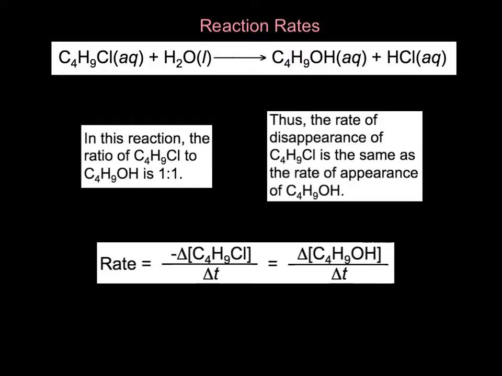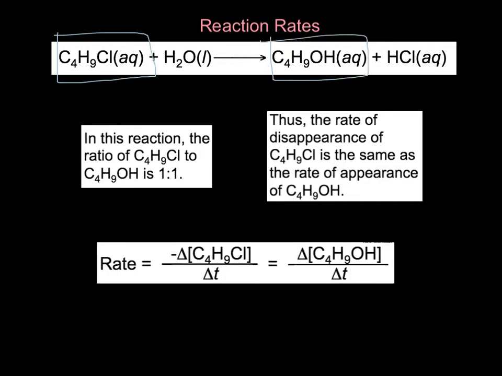Now, let's look at the same reaction and analyze it further in terms of reactants and products. So in this reaction, the ratio of C4H9Cl to C4H9OH is 1 to 1. So here is my reactant and my product. This is a balanced chemical equation.